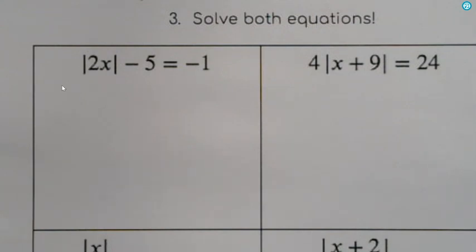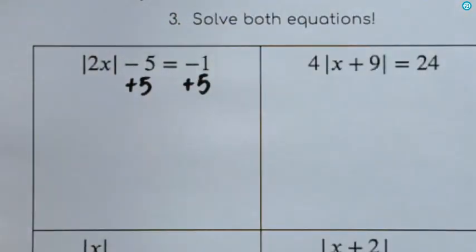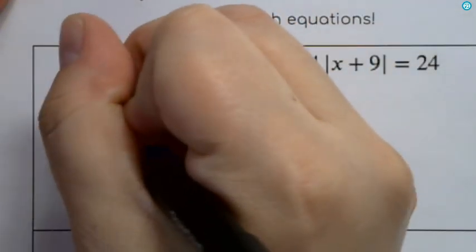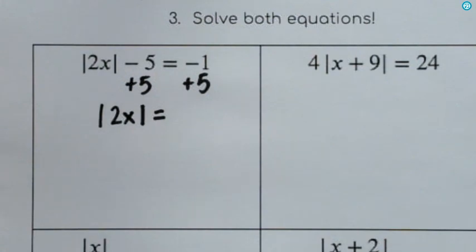So we need to move that minus 5. We are going to start by adding 5 to both sides. So we're just using normal, old opposite operations. So we've got absolute value of 2x on the left equals, on the right, negative 1 plus 5 is 4.